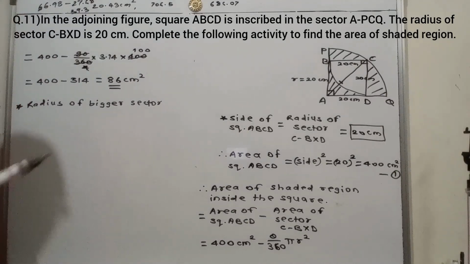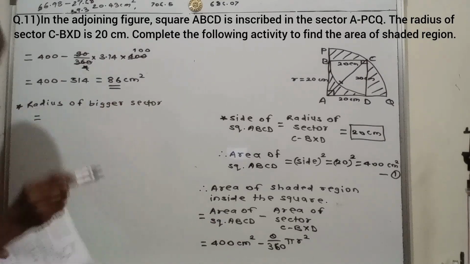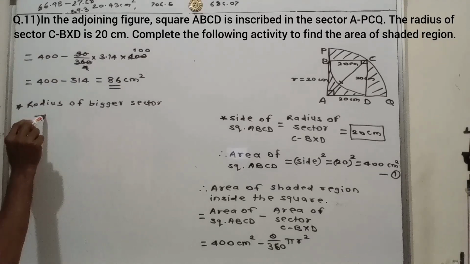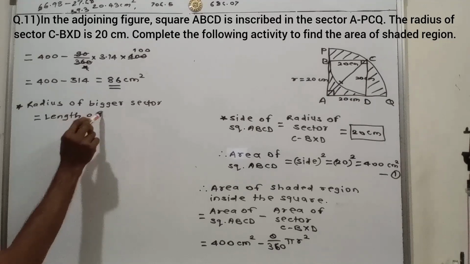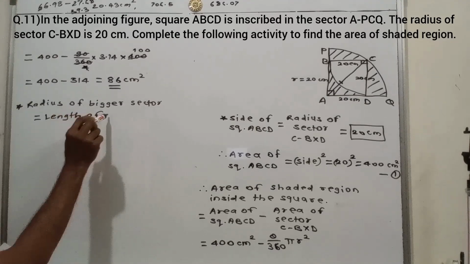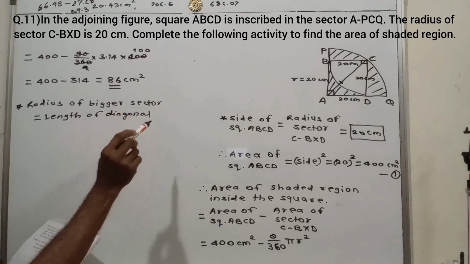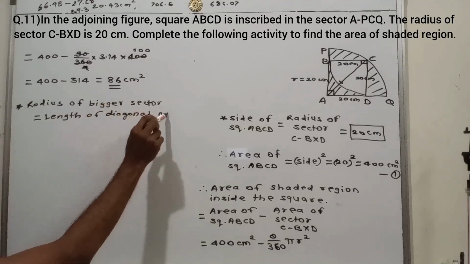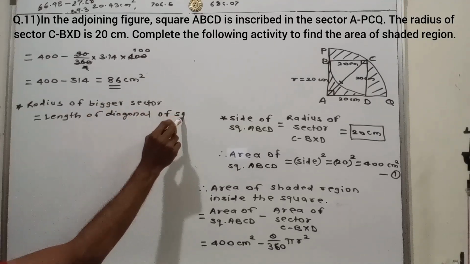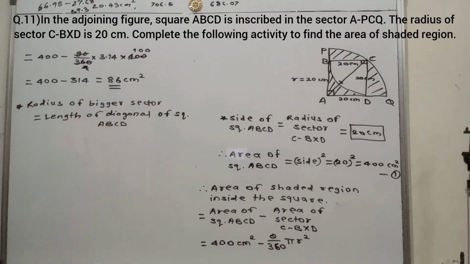That is the radius of this bigger sector, is equal to the length of diagonal of square ABCD.